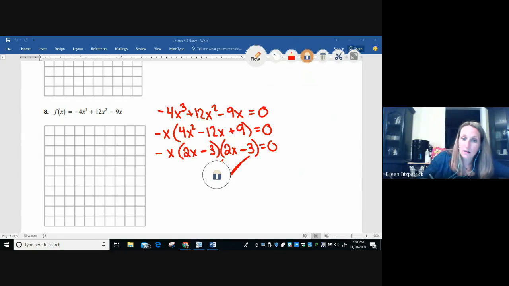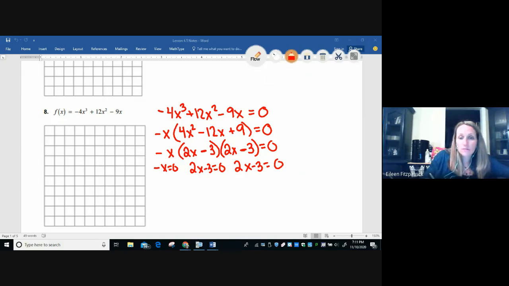All right. Then from there, you're going to set each factor equal to 0 and solve for x. So I have negative x is equal to 0, 2x minus 3 is equal to 0, 2x minus 3 is equal to 0. So that's going to leave me with, oh, you know what? I want to write this a little bit differently. You could keep going this way.